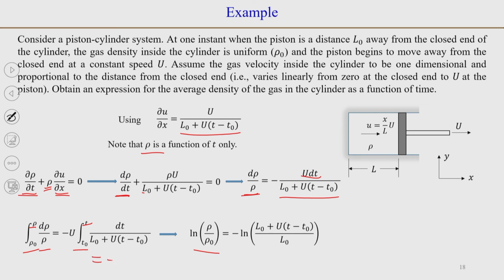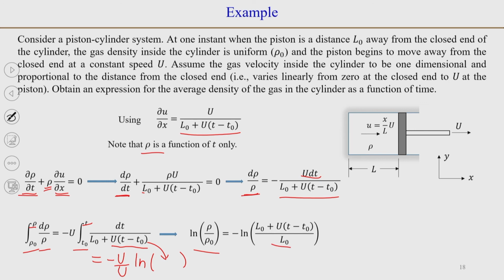The next term, when you integrate it, will be minus u, and integrating this term you get 1 over u times ln of this term. So you will have minus ln of L naught plus u times t minus t naught, with limits from t naught to t. When you substitute the limit t, you get L naught plus u times t minus t naught, and at time t naught the second term becomes 0, because t naught minus t naught is equal to 0, so you have L naught only.